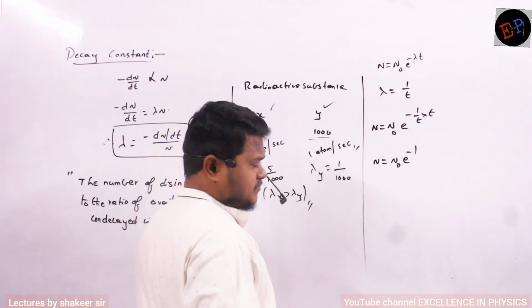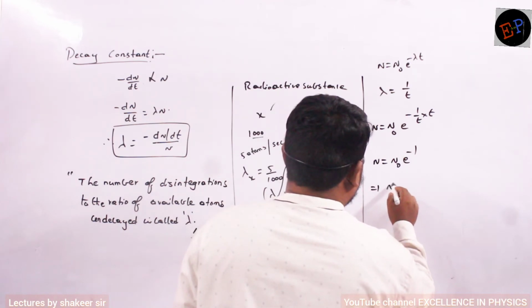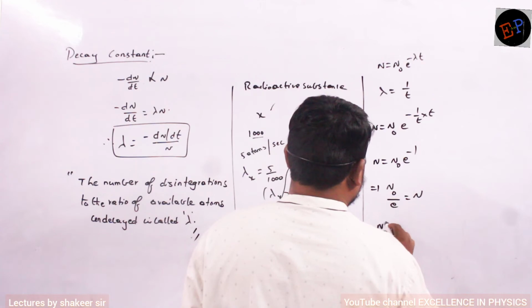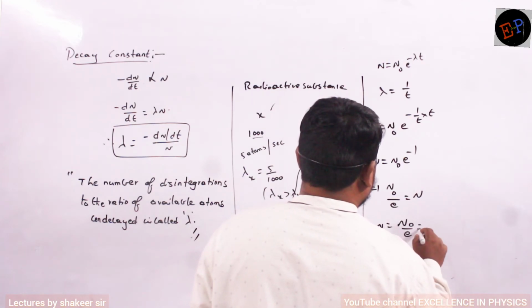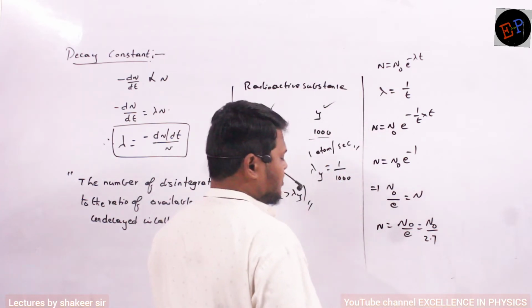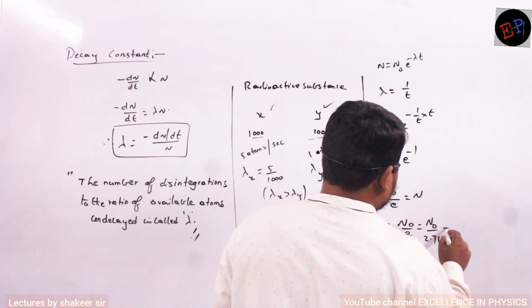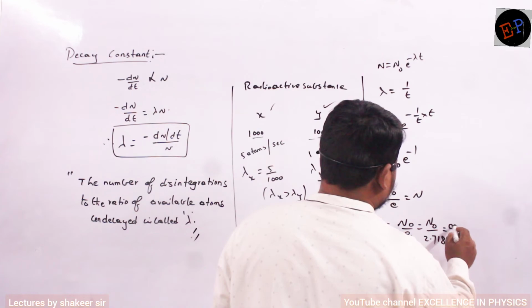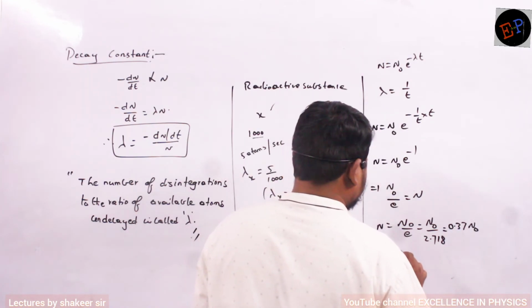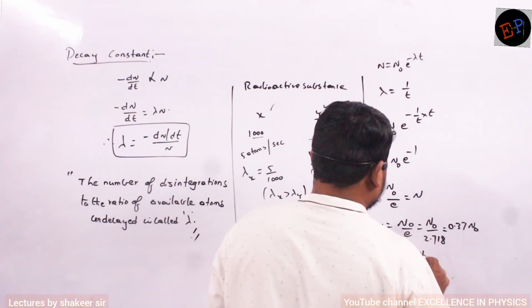Clear? So therefore N is equal to N naught divided by e, and what is the e value? e value is 2.718 approximately. So therefore N is equal to 0.37 N naught.